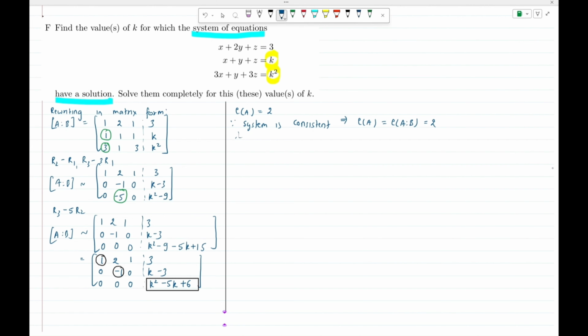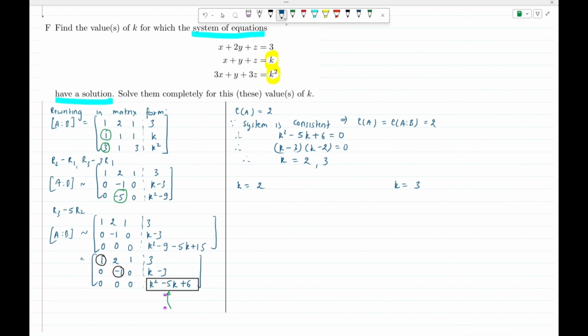Therefore, the third element, k squared minus 5k plus 6, must be 0. This gives us two linear factors, (k minus 3)(k minus 2) equal to 0, and therefore we get that k is either 2 or 3. So we have two possible values of k. One is k equals 2 and one is k equals 3.